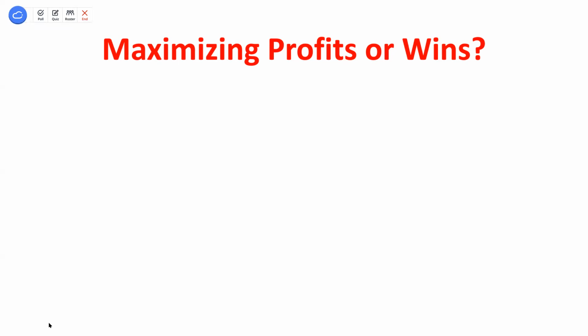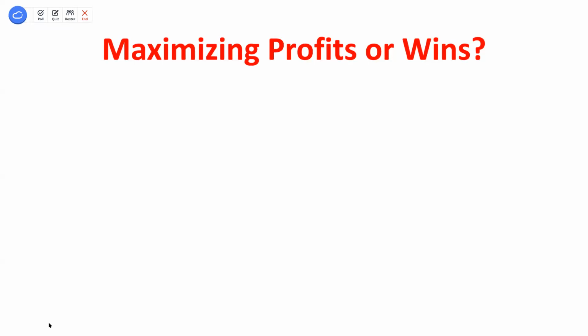So we have this battle between profit maximizing and win maximizing, right? If I solely want to profit maximize, it may be at a lower number of wins than if I wanted to win maximize. Win maximizing is going to be the highest number of wins that I can financially afford. Profit maximizing is the number of wins that would cause the highest amount of profit.